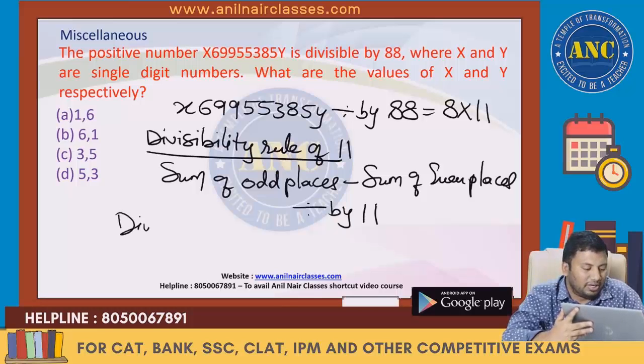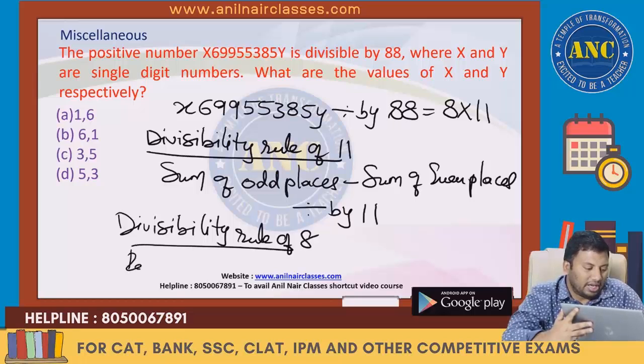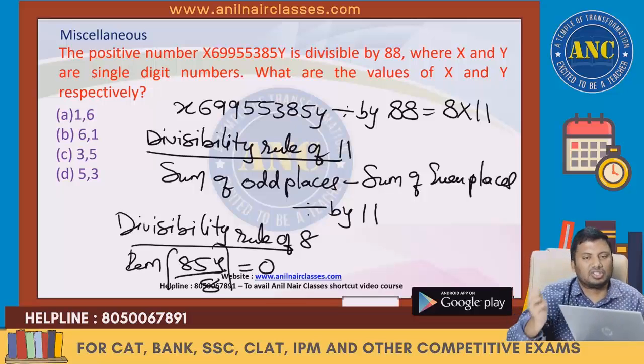What is the divisibility rule of 8? Divisibility rule of 8 is the last 3 digits. 85y should be divisible by 8. When 85y is divided by 8, it should give a remainder 0.